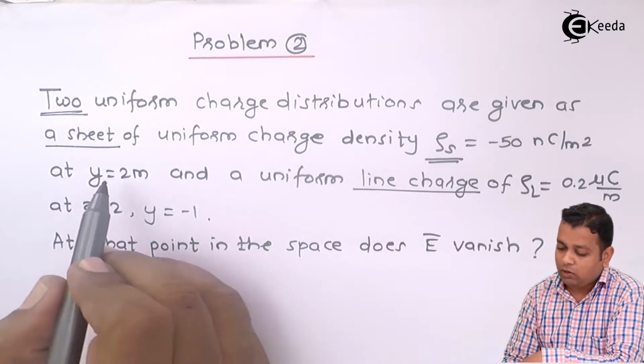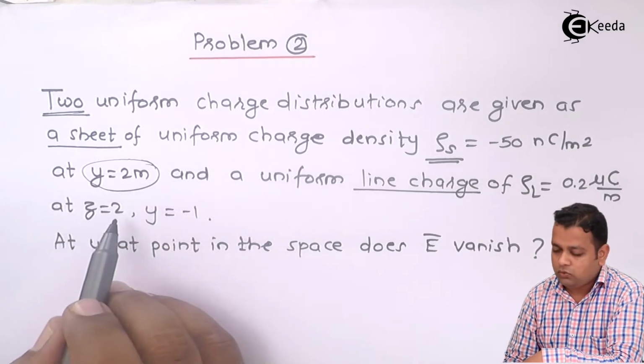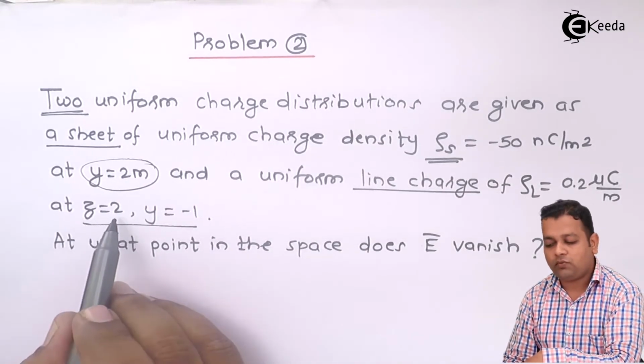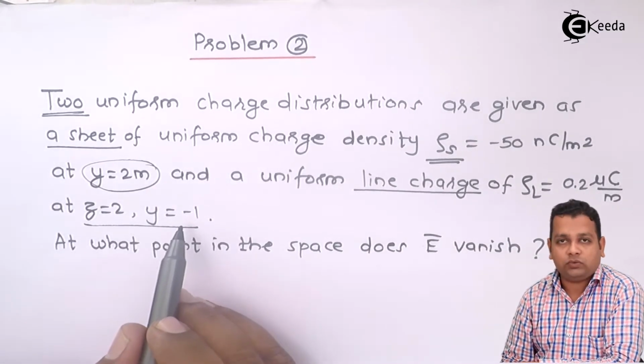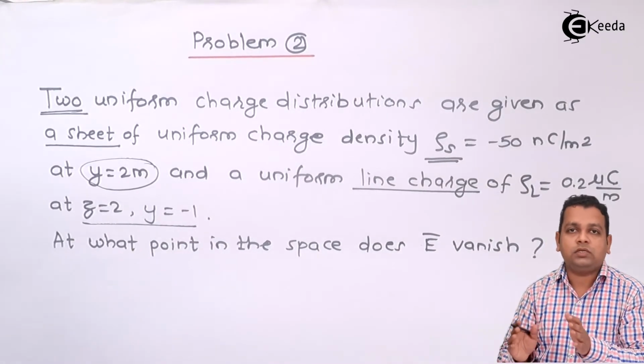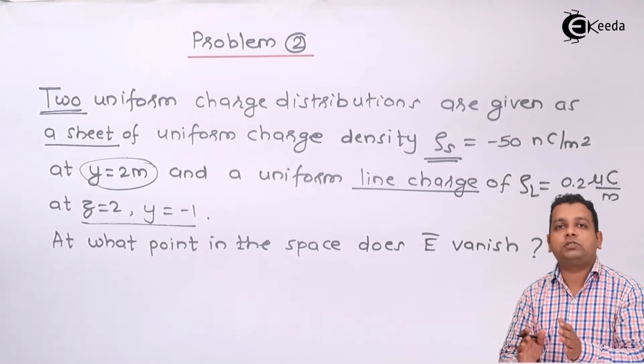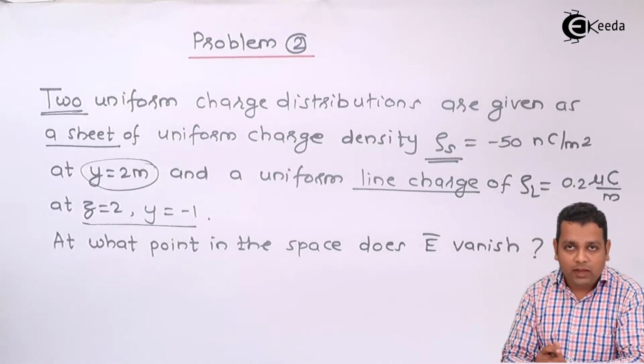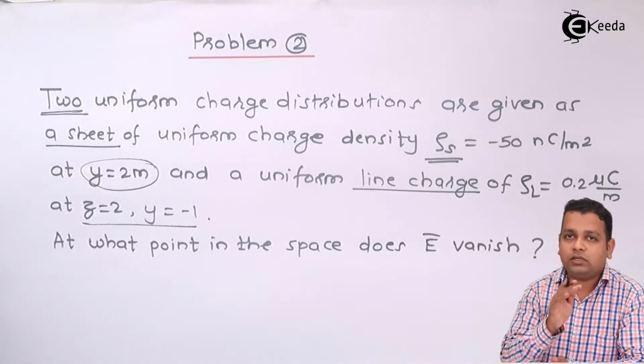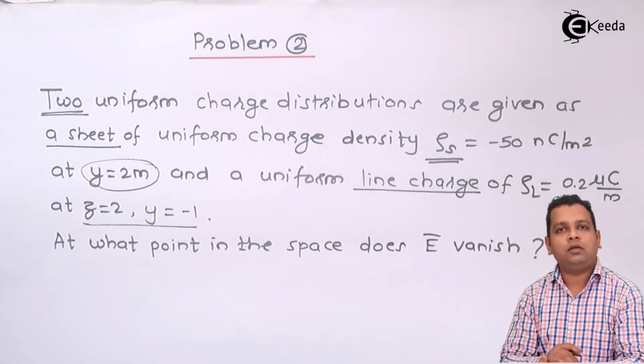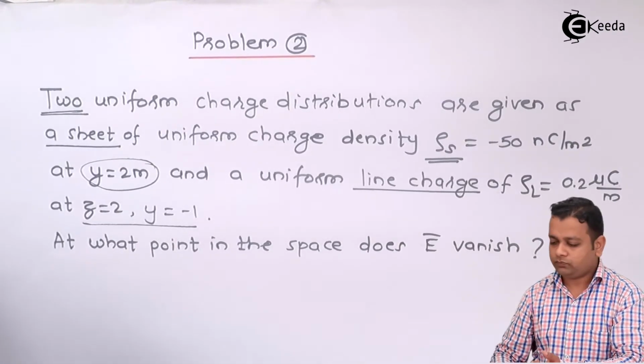The locations are also given: y equal to 2 meters, and for the line z equal to 2, y equal to minus 1. So, let us first draw the three-dimensional diagram and locate these sources of electric field, then we will proceed further.